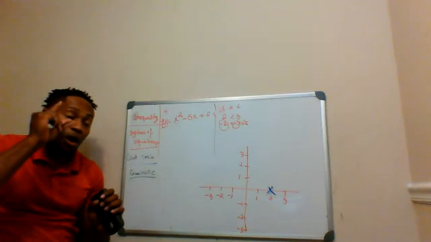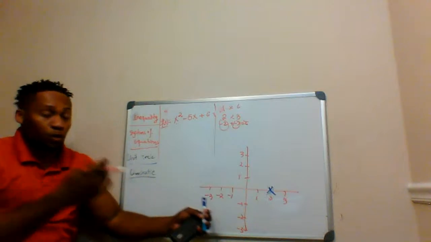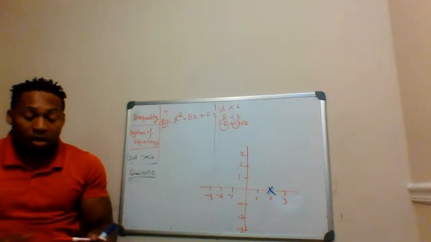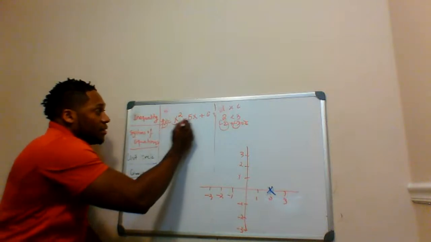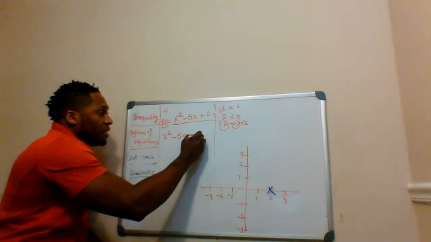The first 2 are the x-intercepts, which they also call the roots. So what you do, you set this equal to 0. So you set x squared minus 5x plus 6 equal to 0.